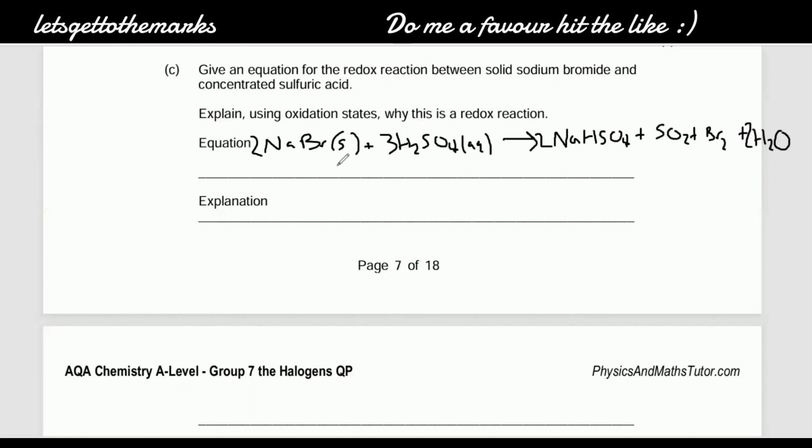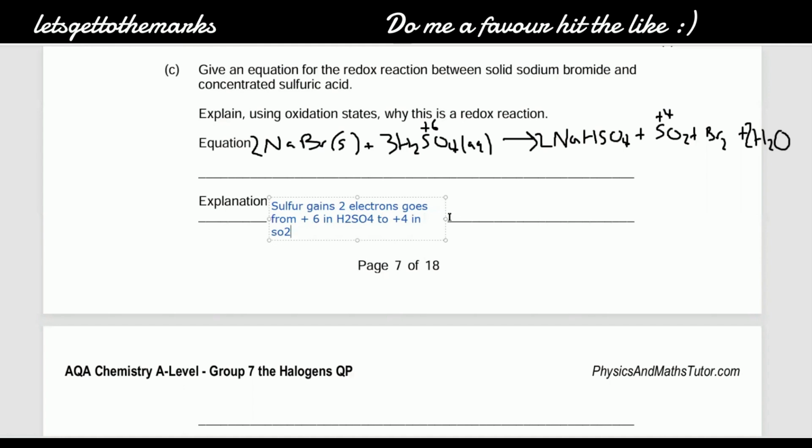Okay, so explain why this is a redox reaction. Check the sulfur. Sulfur is +6 in sulfuric acid, but in sulfur dioxide, it's +4. So sulfur gains 2 electrons, going from +6 in H2SO4 to +4 in SO2.